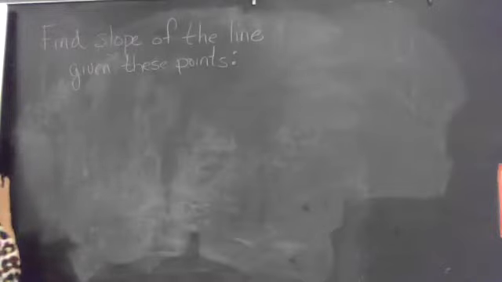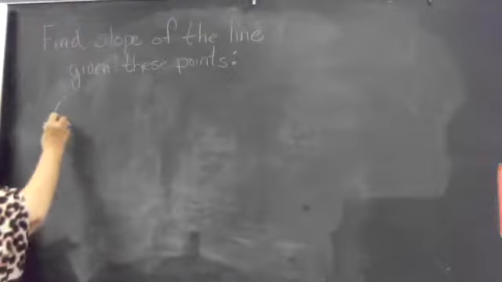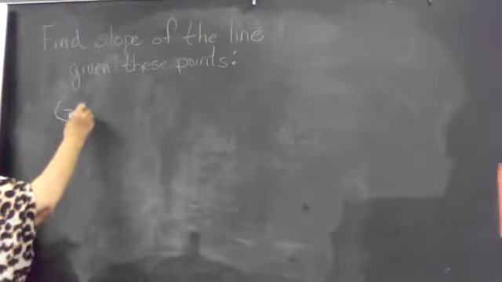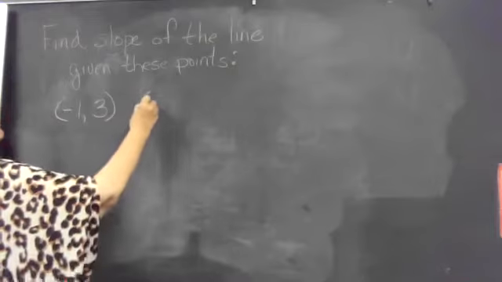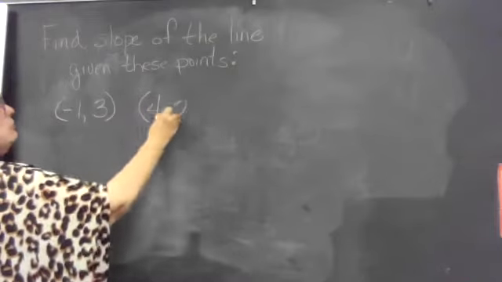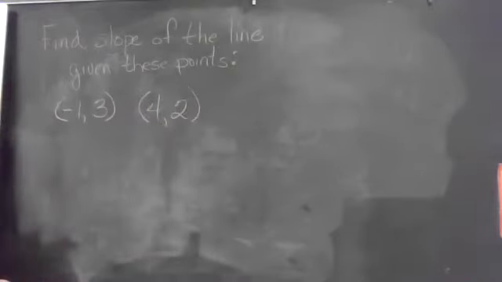And then they'll give you 2 locations that are on the coordinate plane. So let's say (-1, 3) and (4, 2). This is an example that they will give you.